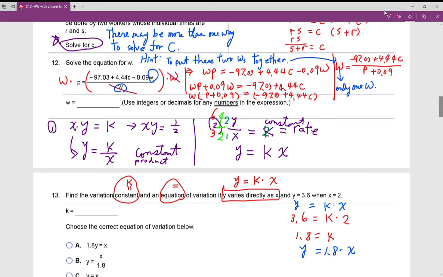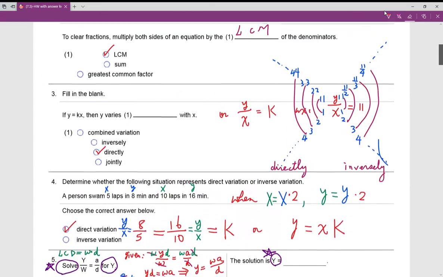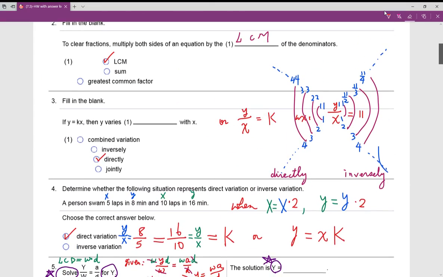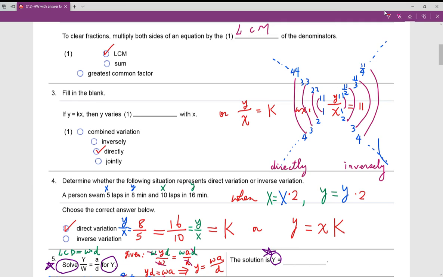Yeah. So when x doubles, y needs to be double. When x triples, y needs to be triple, right?